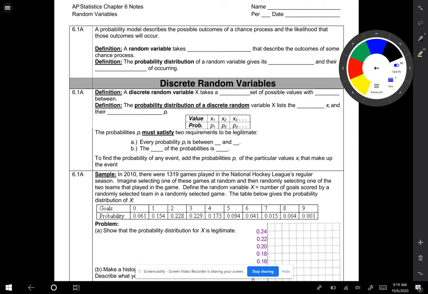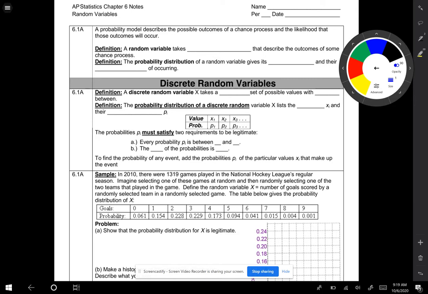In the first section, we're going to talk about two types of random variables: discrete random variables and continuous random variables. A probability model describes the possible outcomes of a chance process and the likelihood that those outcomes will occur. I mentioned a probability model and the criteria in the last chapter.